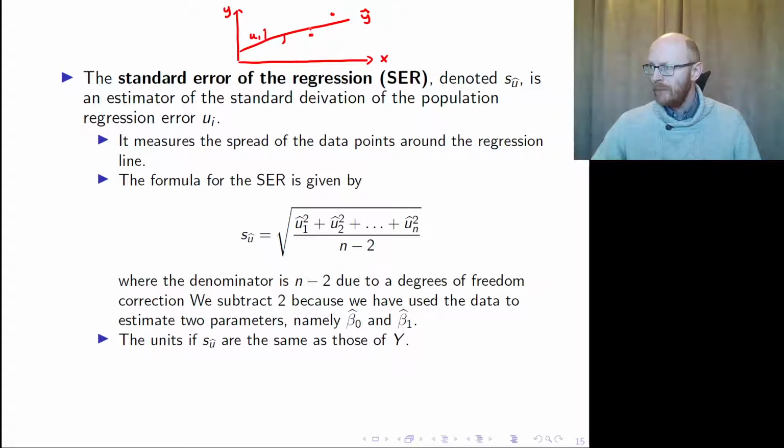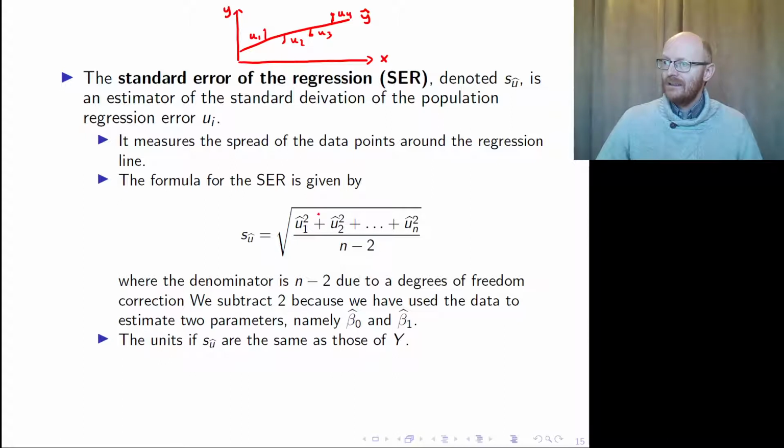Okay. So here you have a positive residual and you have a negative residual, and you have a positive residual, no, negative residual again, and a positive residual. Okay.